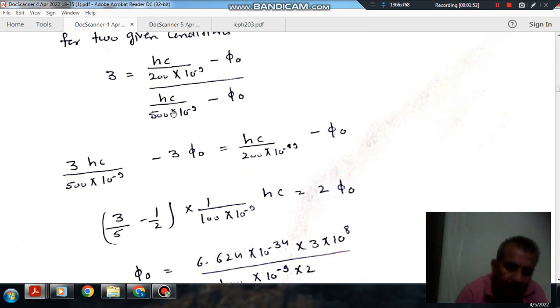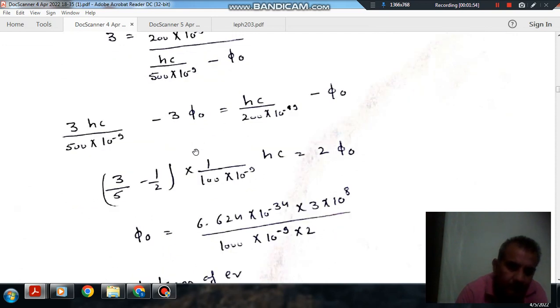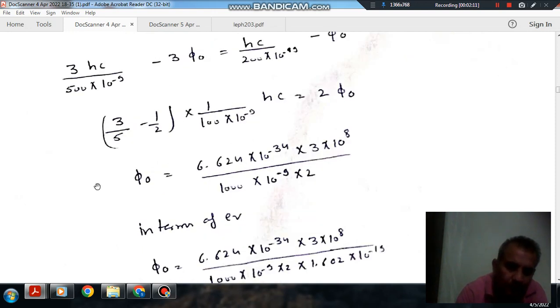If you multiply it by 3, it will be like this. We can take hc as common, so it will be (3/5 minus 1/2) into 1/100 into 10 to the minus 9 hc, and this will be equal to 2 phi naught.